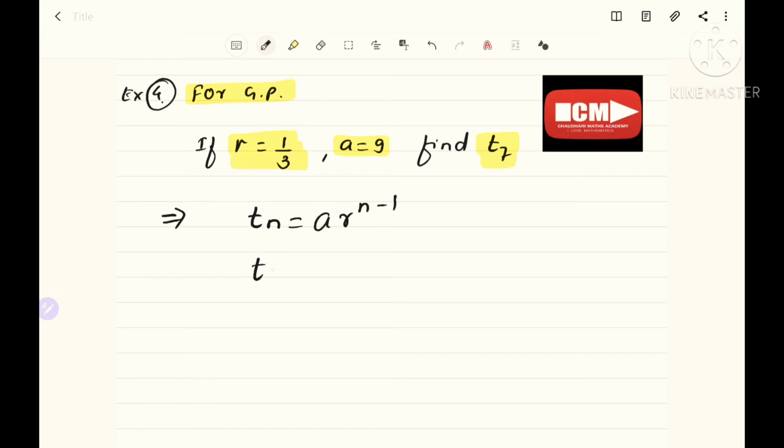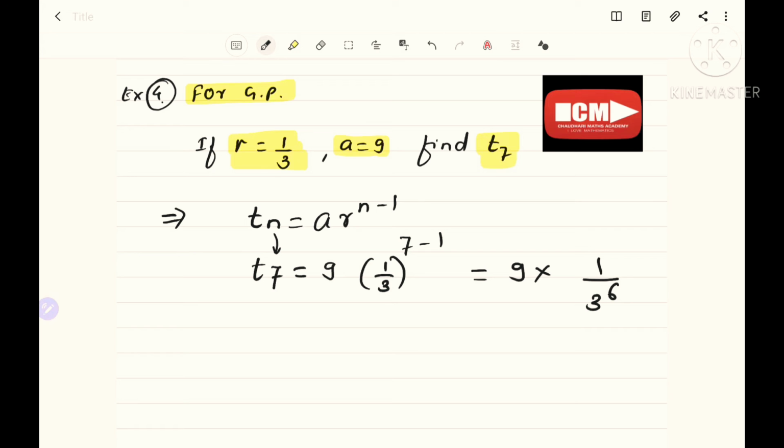Since we want to find T7, that indicates the n value in this case is 7, the a value is 9 and the r value is 1 by 3, raised to n minus 1, which is 7 minus 1. So that's all. Let's simplify it further. This is 9 times 1 upon 3 raised to 6.